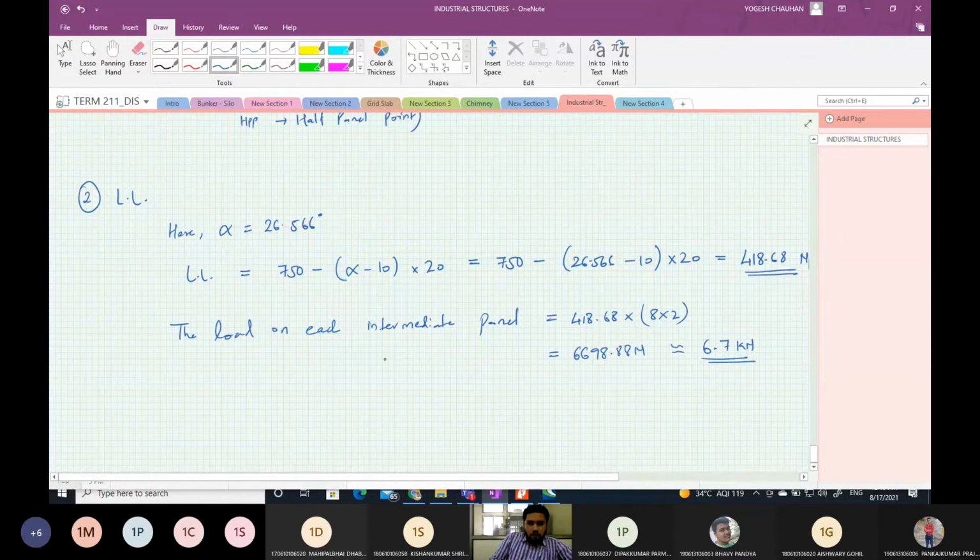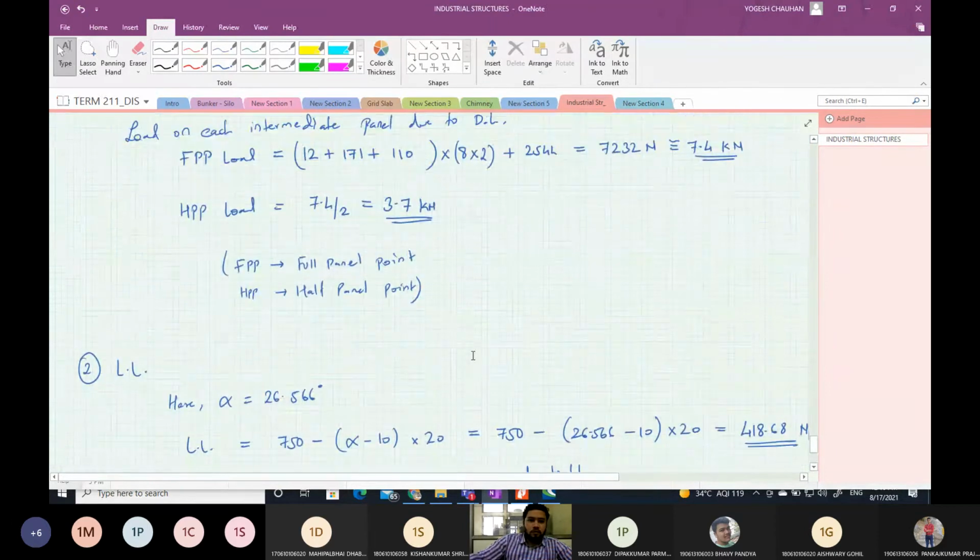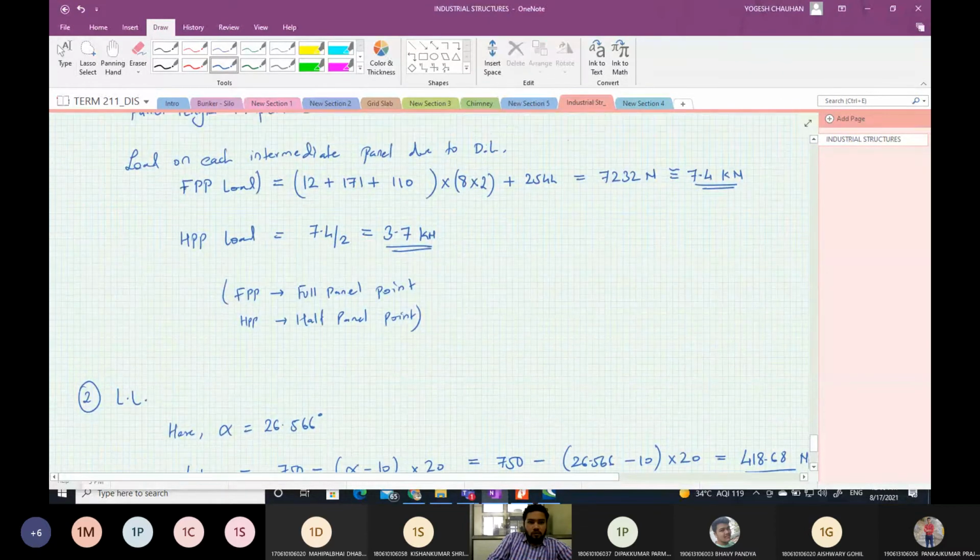This is the full panel point load due to live load. This is full panel point load due to dead load.